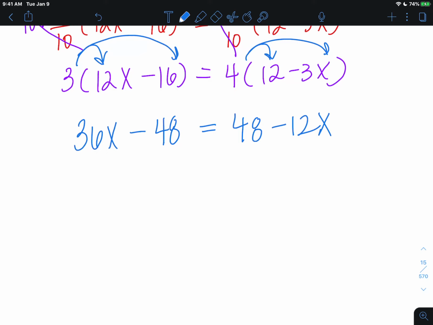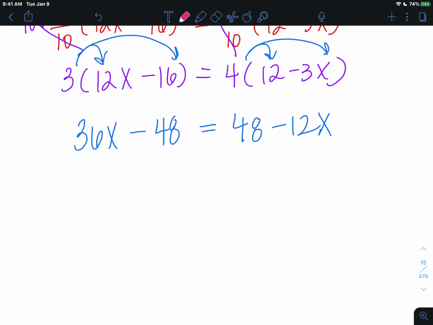I want to make sure that I'm going to make my math simple, right? Because I don't want to have to keep moving stuff around. So what I do in this situation is I look only on this side and I say, all right, is there anything I need to combine? No, all my x's are together, all the regular numbers are together. So we're good over there. What about over here? Nope, all of the x's are together, all of the numbers together. Okay, so we're good on that.